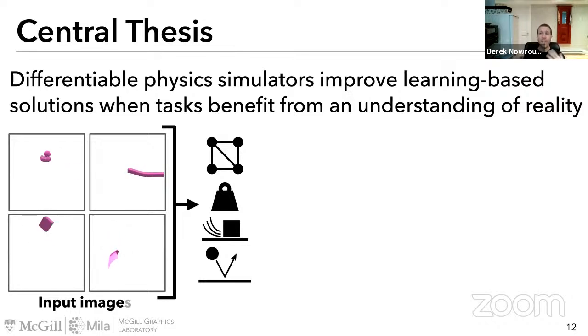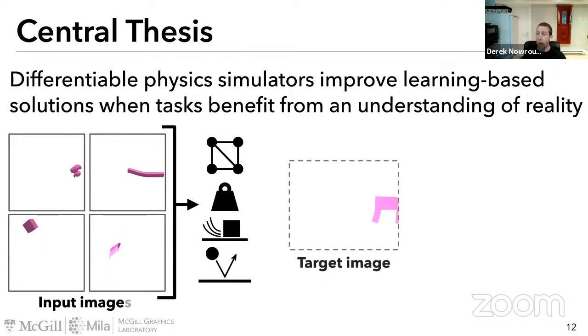That's one example of a learning-based task where, if you have an understanding of how reality works, how the physics works, you'll probably be able to answer those questions, like what is the mass of the rubber duck, much more effectively.